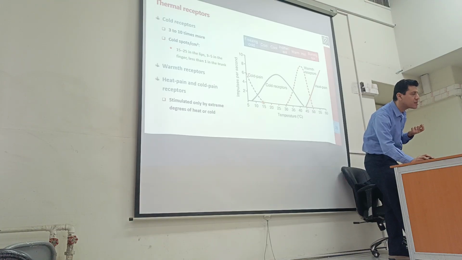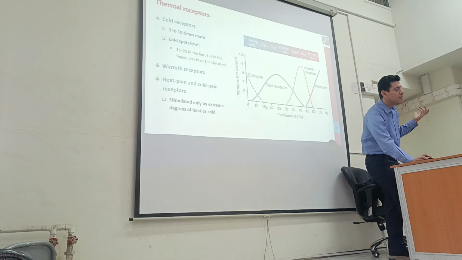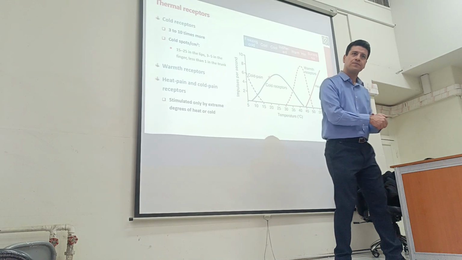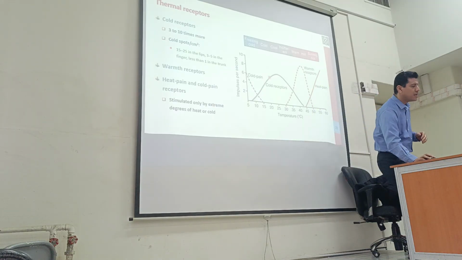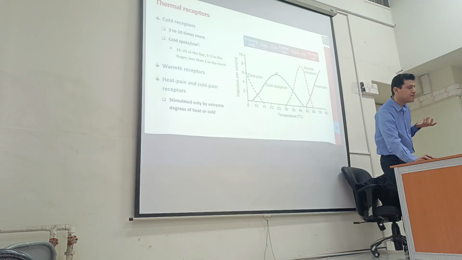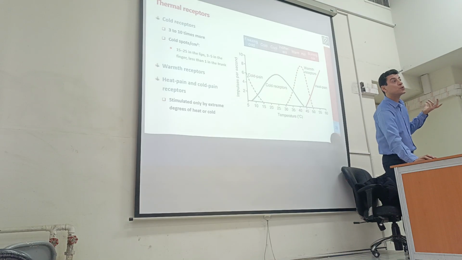The cold pain receptor is not active. So it doesn't send any action potential anymore. But cold receptors are very active. They may send 6 action potentials per second. So when only cold receptors are active, then this may mean a feeling of cold. If they are more active, we feel cool, right?